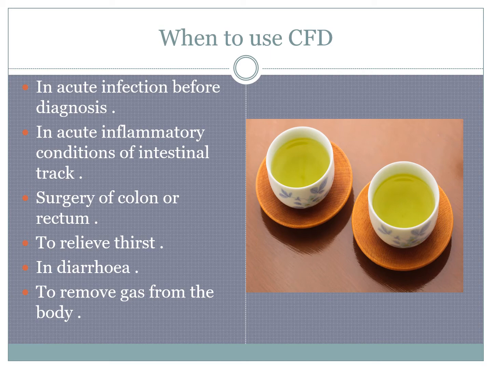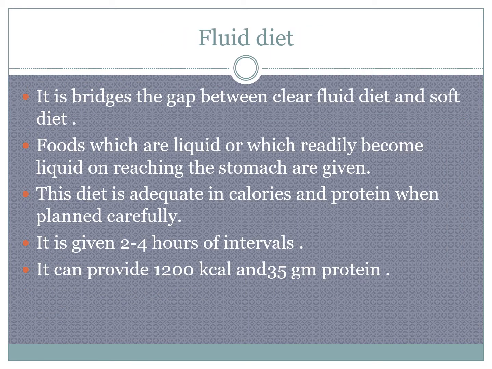And in case of surgery of the colon or the rectum, again the digestive system needs to be at rest in that period, and to relieve thirst in case of severe diarrhea, and it also helps to remove the gases from the body.